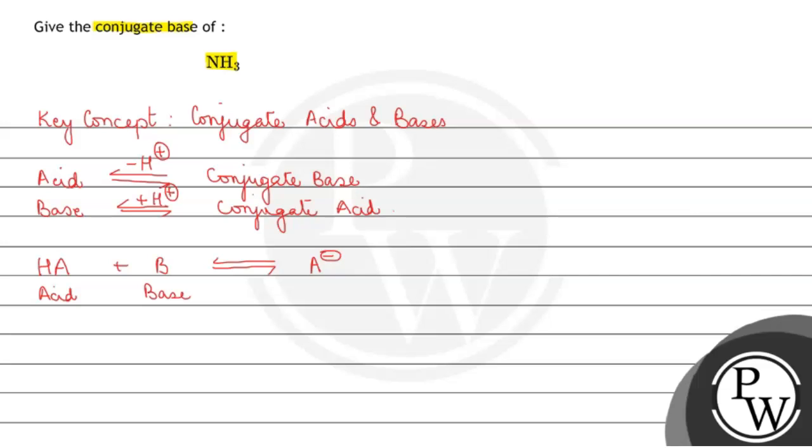Okay, as we saw earlier, the resulting species which is formed after an acid loses its proton is the conjugate base of that acid, whereas the species formed when a proton is accepted by a base is the conjugate acid of that base.